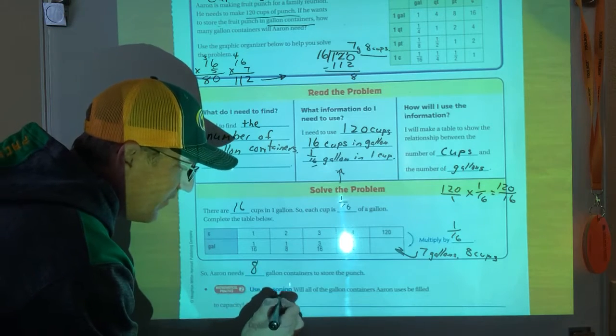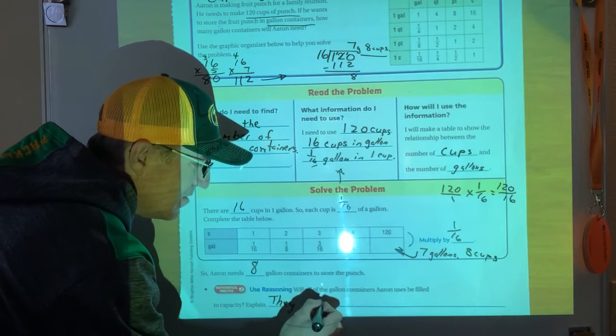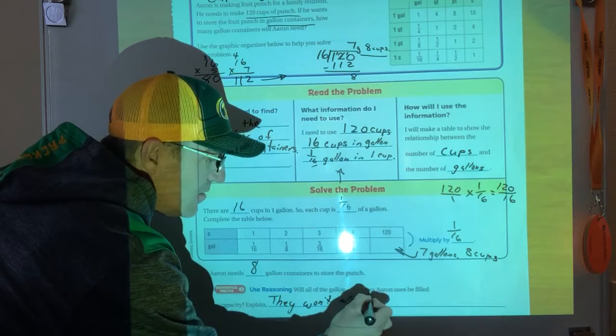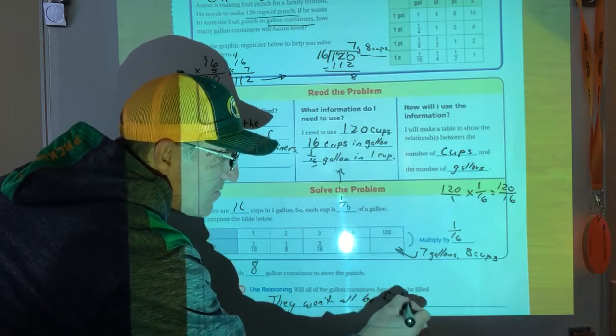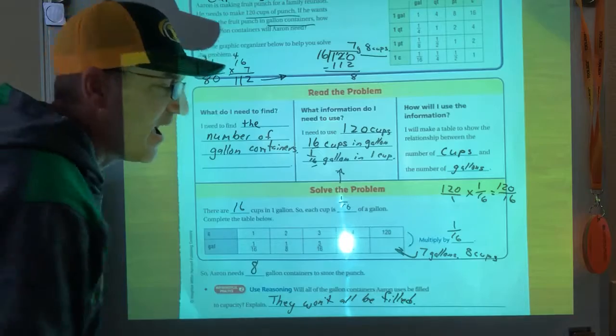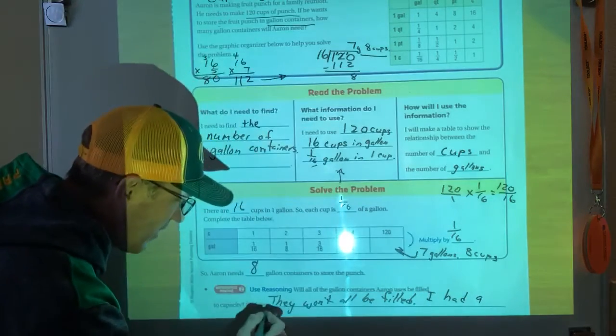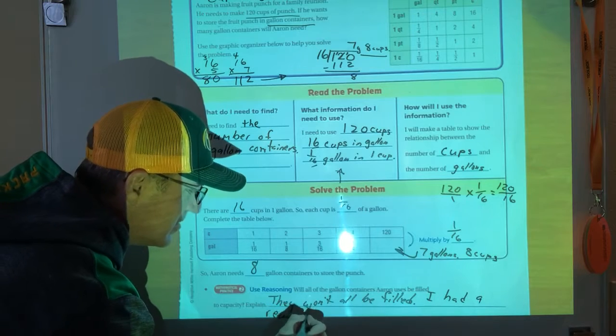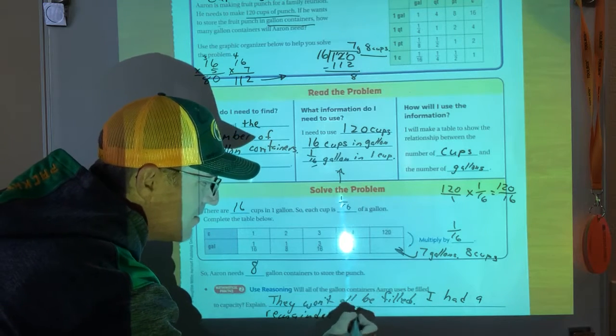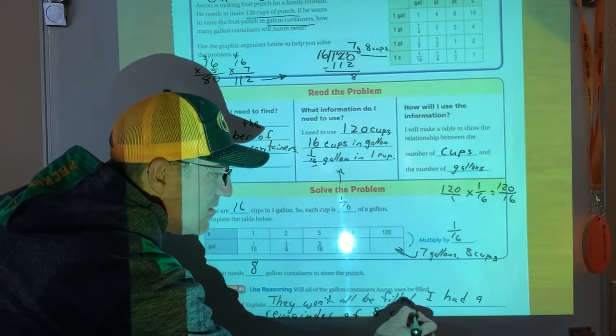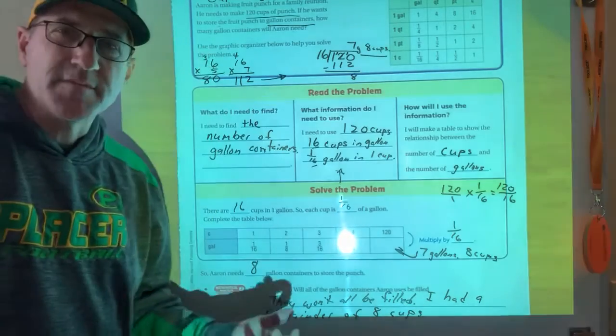They won't all be filled. Why is that? I had a remainder of 8 cups, so that one won't be filled.